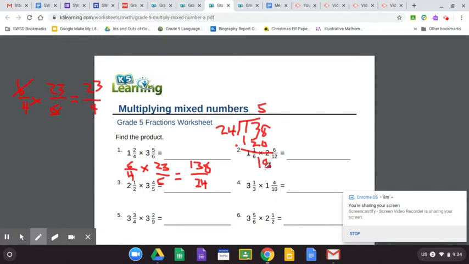So then this 18 becomes your numerator. And the divisor, the 24, becomes your denominator. So the denominator stays the same. So in this problem, you would just have to simplify it from this point on. You could divide them both by 6. And you would get 3/4.